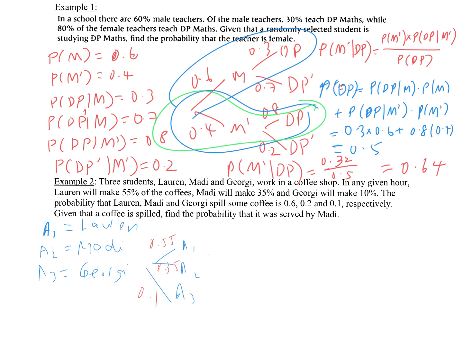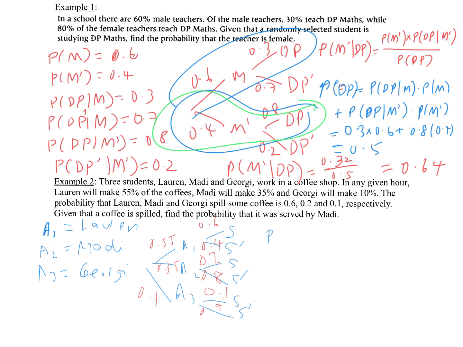When you extend it to the next situation, which is spill and not spill, S and S complement, you end up with 0.6 and S complement 0.4. For the second case, 0.2 and 0.8 here. And for Georgie, 0.1 and 0.9.